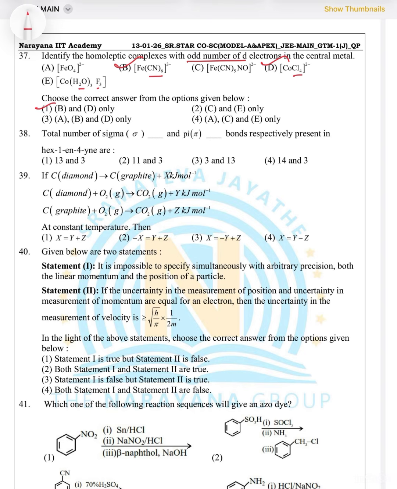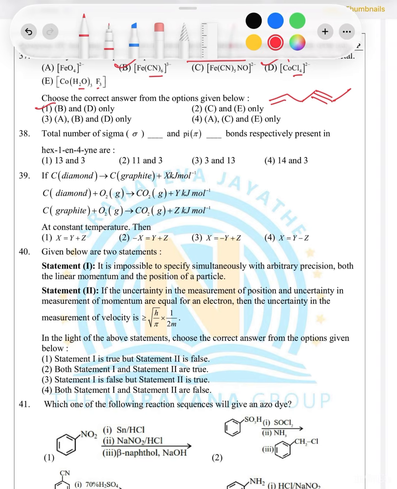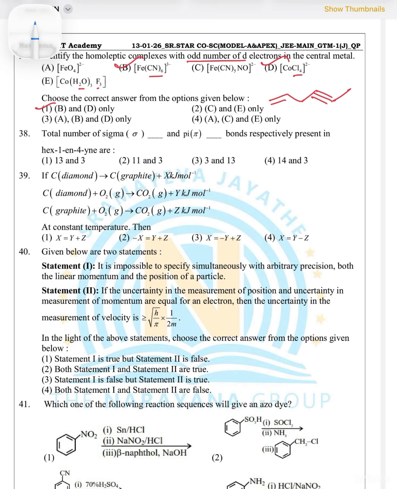Total number of sigma and pi bonds respectively present in the given compound. This is the structure. So, total number of sigma and pi bonds. All single bonds are sigma bonds.